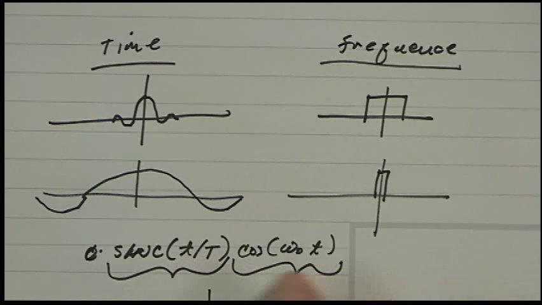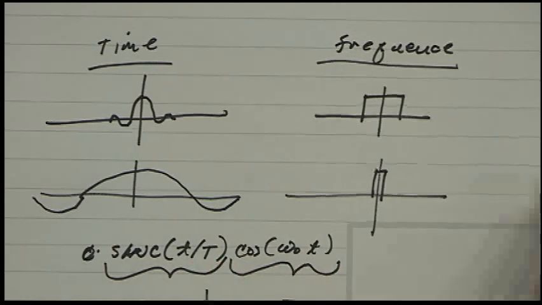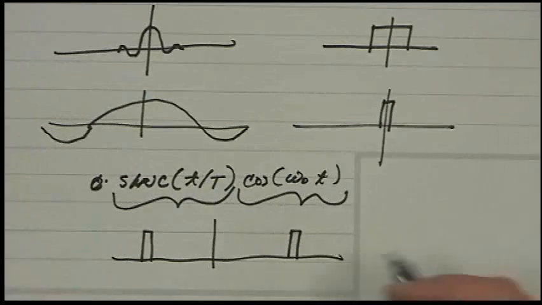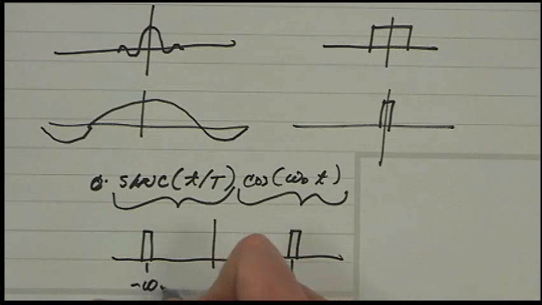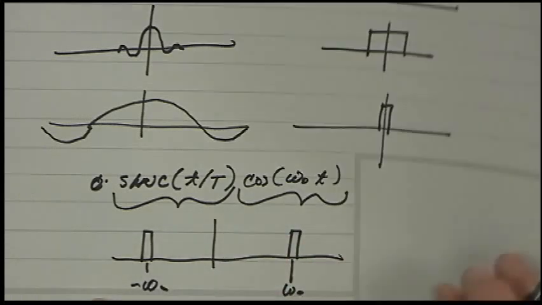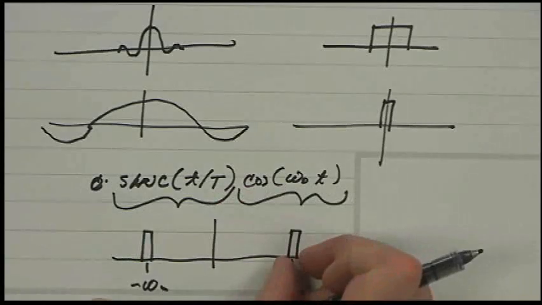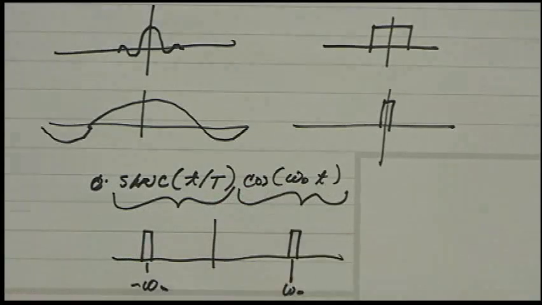You'll get a pulse here and here. So the center frequency here will be omega 0. This will be minus omega 0. And then the sinc will determine what each of these little pulses look like, right?